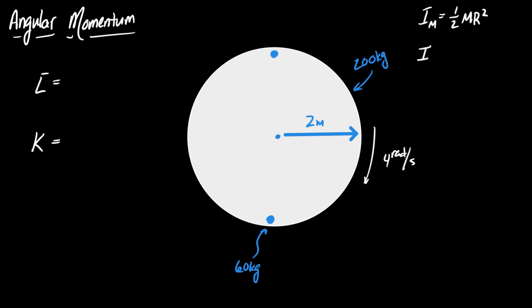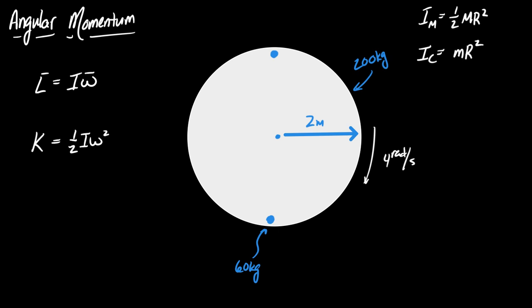And the moment of inertia of the children, they are point masses because they are standing at the edge of the disc, so their individual moments of inertia would be mr squared. And if you don't recall, angular momentum is I times omega, and kinetic energy is 1/2 I omega squared. So take a second and calculate the angular momentum and rotational kinetic energy of the system.